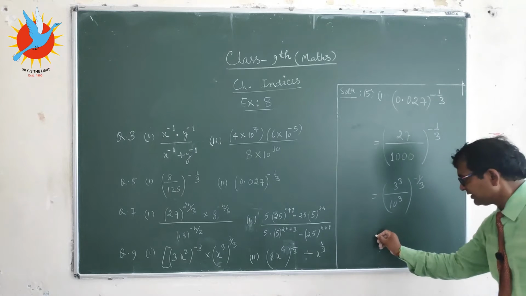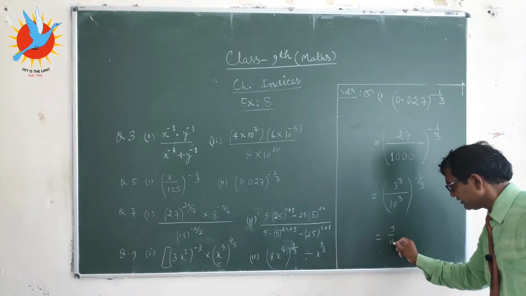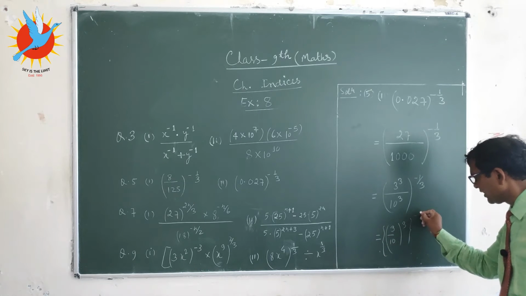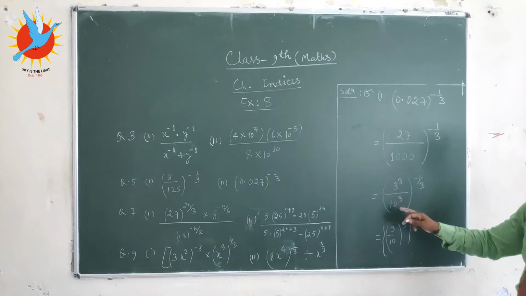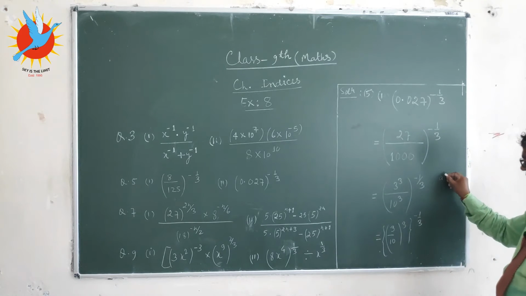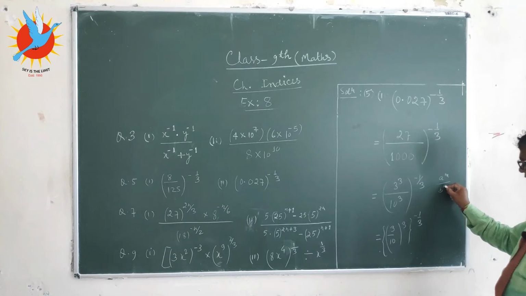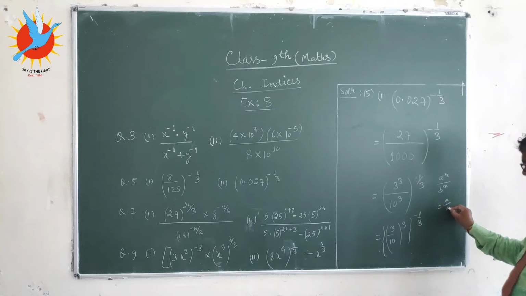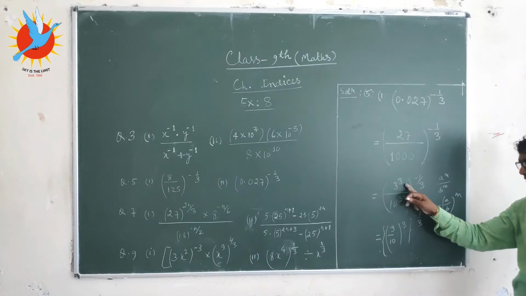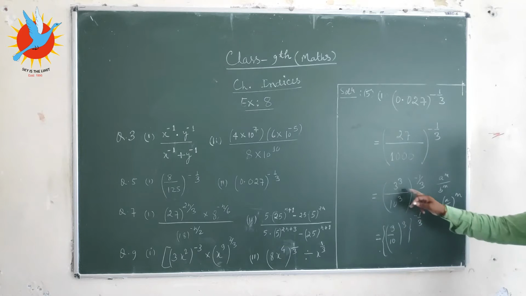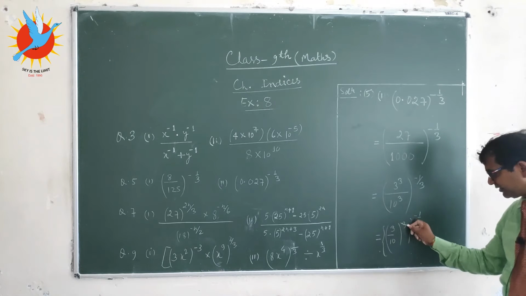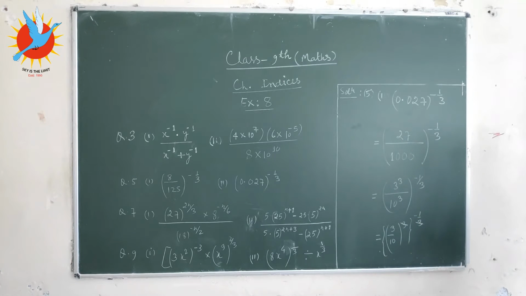Now this again can be written as 3 by 10 to the power 3 and raised to the power minus 1 by 3. a to the power m upon b to the power m can be written as a by b to the power m. So 3 to the power 3 over 10 to the power 3 can be written as 3 by 10 to the power 3. Now this 3 and 3 would be cancelled out.